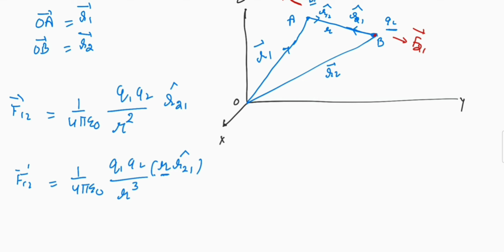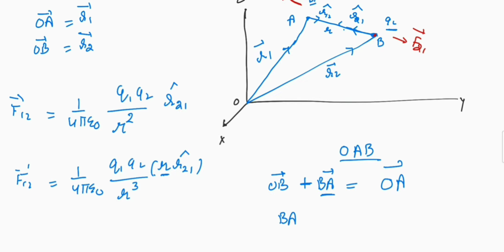Correct. Now we'll apply the triangle law of addition to this triangle OAB. So we'll see here that OB vector plus BA vector is equal to OA vector. From here we get BA vector, which is equal to OA vector minus OB vector. So OA is equal to R1 vector and OB is equal to R2 vector.